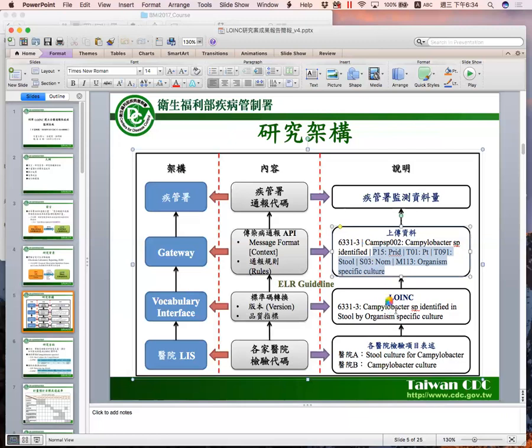Then the most difficult part is LOINC. I think because you don't have the experience, you will feel strange. You will feel strange that you only have 20 diseases, so just map them all into LOINC.